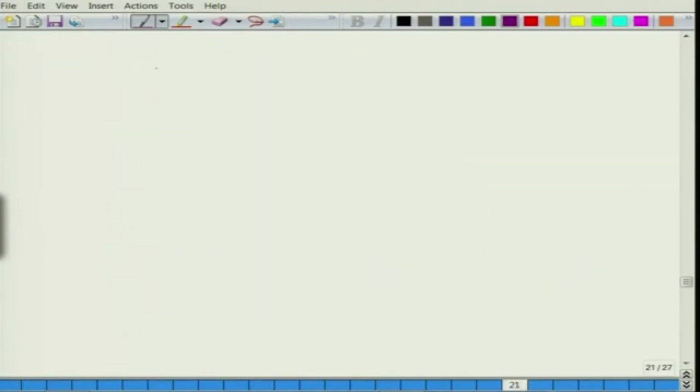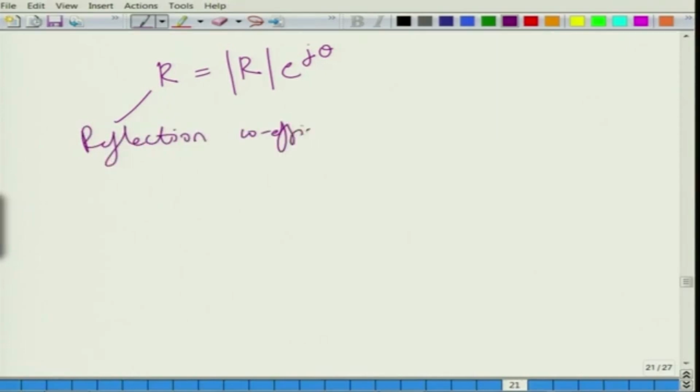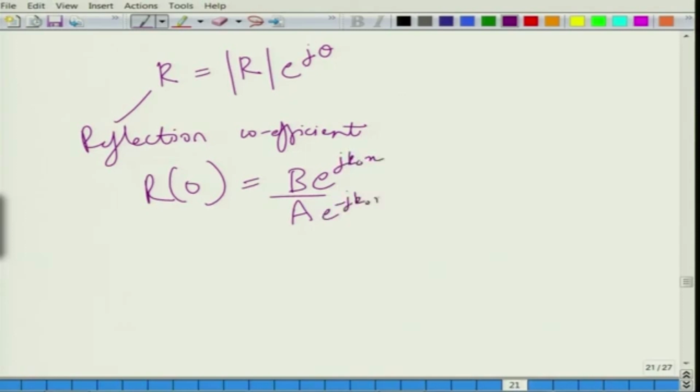If you define the reflection coefficient R, which is obviously a complex quantity, and denote it at 0 by B by A, because the waves go as e to the power j k naught x and e to the power minus j k naught x.